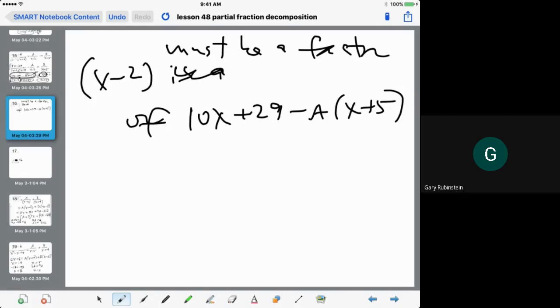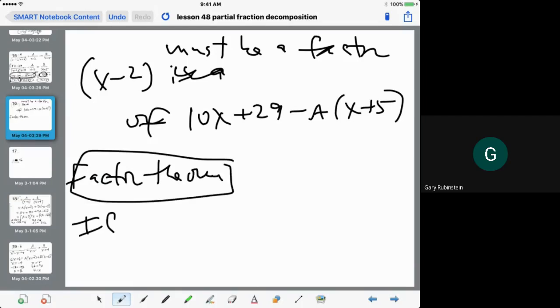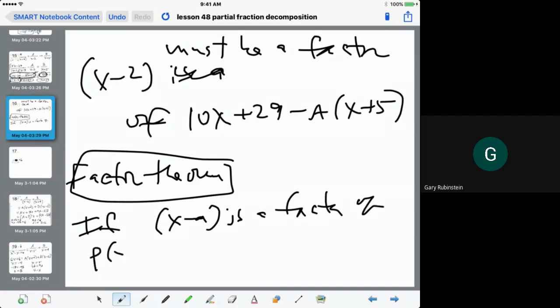Now, what is the factor theorem? That's something from Algebra 2. What does the factor theorem say in general? If x minus a is a factor of p of x, what conclusion can you make? Yes, you're right, the remainder is 0 when you divide. What else is 0?